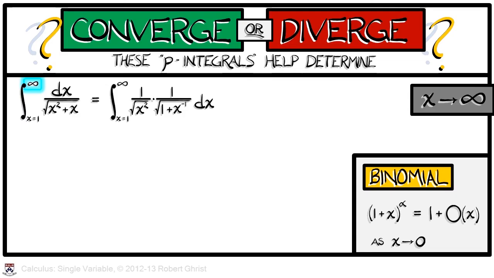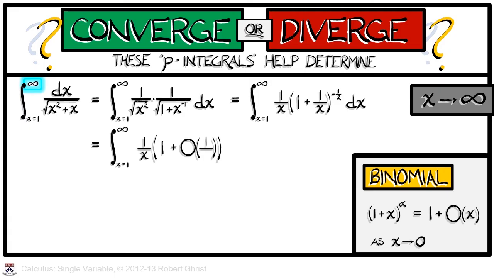Simplifying that a little bit, we see that we have again something to which the binomial series applies, namely 1 plus 1 over x to the minus 1/2. Expanding that out gives 1 plus something in big O of 1 over x.